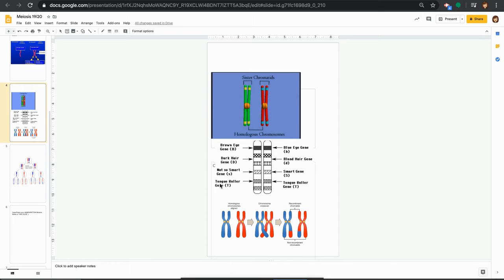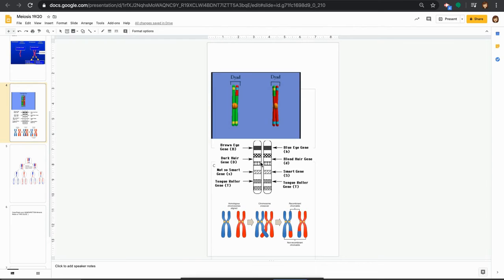They've replicated. It was a little slow, sorry. They come together. There's your tetrad. Again. Oh, gene swap. We call this crossing over. And boom, now you have mixed up the genes.